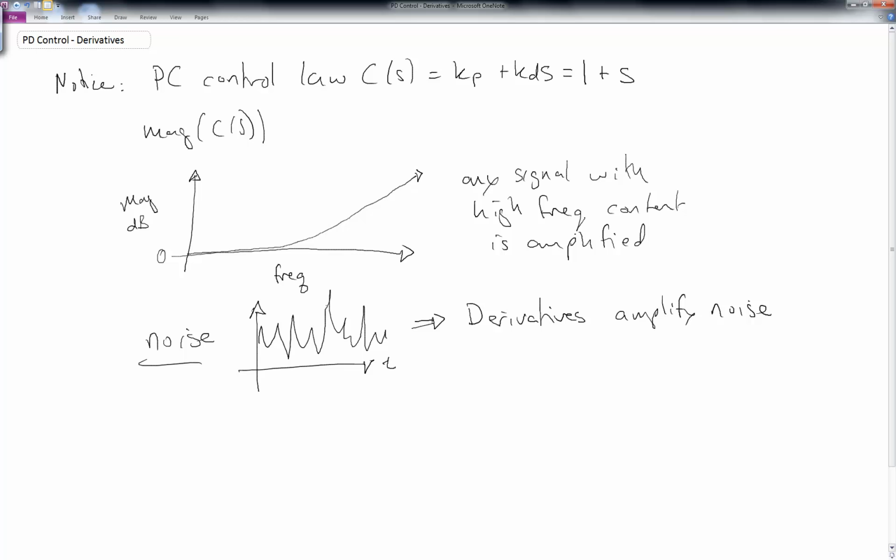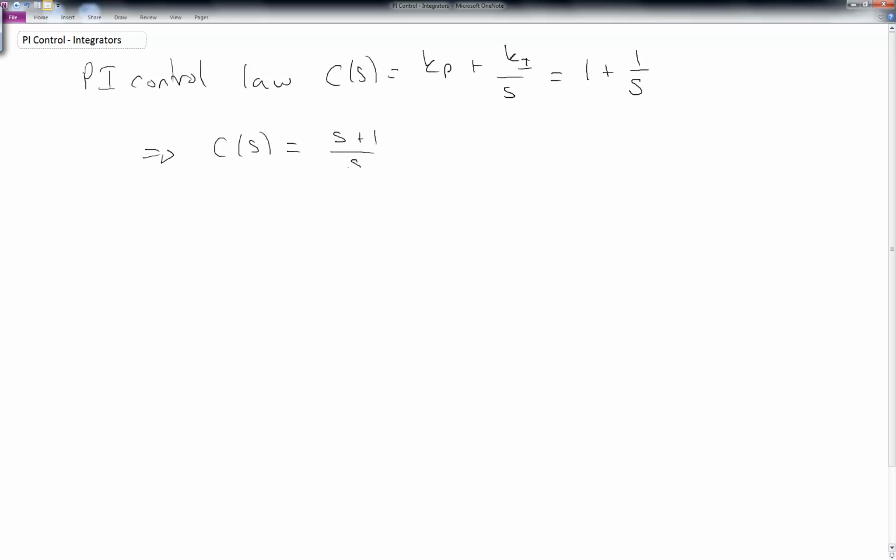What about the PI controller? The PI control law has the form C(s) = Kp + Ki/s. Again, let's let Kp equal 1 and Ki equal 1. If we multiply through by a common denominator, we find that C(s) is equal to (s + 1)/s.